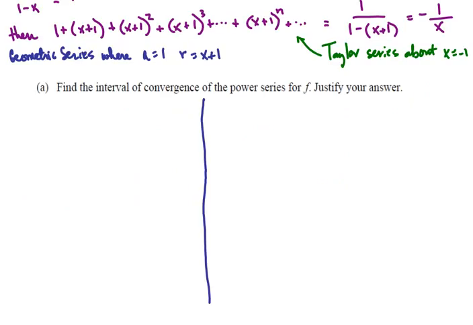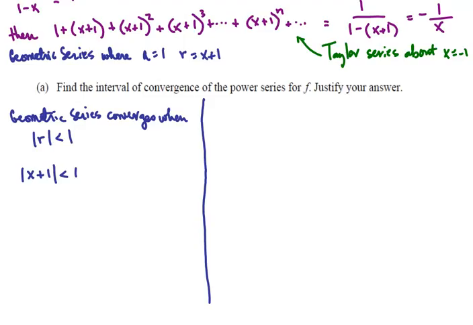Alright, so if this is a geometric series, we're looking for the interval of convergence. We know that a geometric series will converge wherever the absolute value of r is less than 1. And so since r in this case is x plus 1, we're looking for where the absolute value of x plus 1 is less than 1.